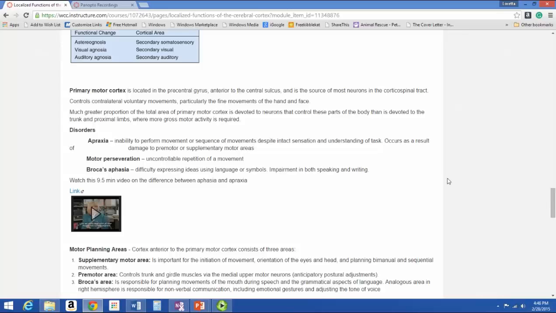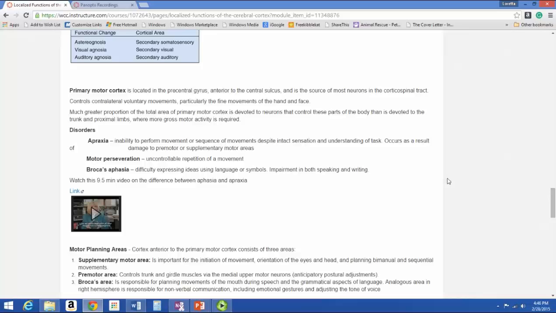Disorders of the primary motor cortex, one of them is called apraxia. Apraxia is sort of the movement version of agnosia. It's the inability to perform a movement or sequence of movements despite intact sensation and an understanding of the task. It occurs as a result of damage to the premotor or supplementary motor areas. An example would be if you hand someone a toothbrush and toothpaste and say, okay, now brush your teeth.